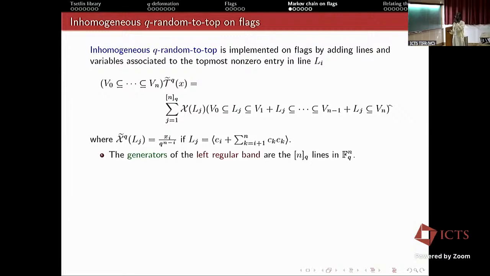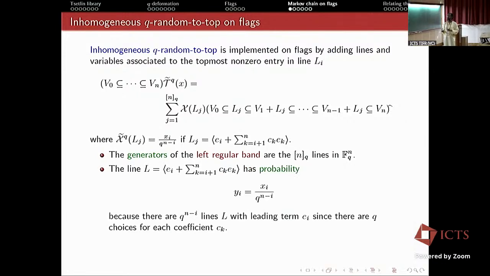And the nice thing here, and this was discovered by Ken Brown, is that these also form a left regular band. So the original strategy I told you about for the Tsetlin library continues to work. The whole same philosophy will work, and we'll be able to apply the same machinery. So this is just a repeat of the same line. So line L_i has probability y_i, which is x_i.